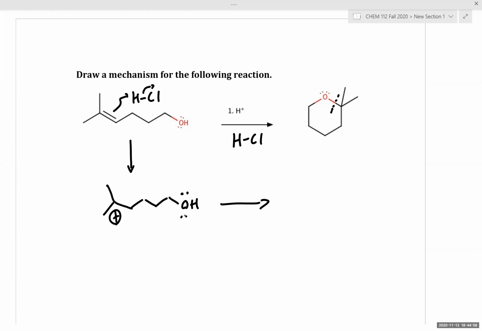I see some typing in the chat, and they're saying the alcohol. Okay, so then how would we draw that? Would someone like to try to draw out in an arrow pushing method how the alcohol attacks our carbocation?